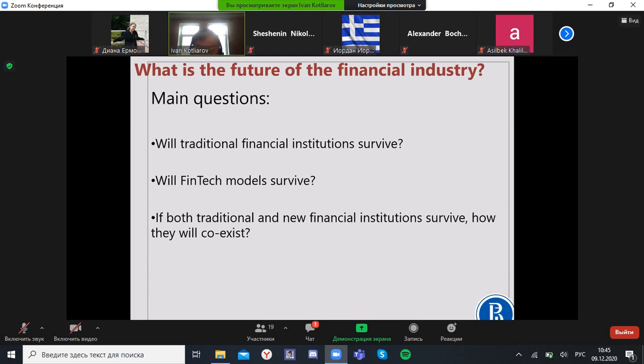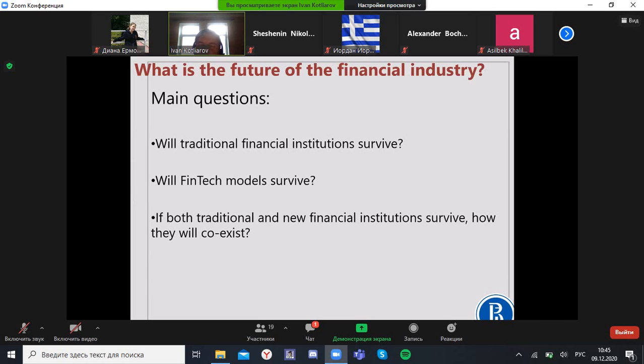This question is not so simple as it may seem, because, as in case of digitalization of banks, it is pretty obvious that the digital banks will survive and will dominate on the market. In case of cryptocurrencies, it is not so obvious.